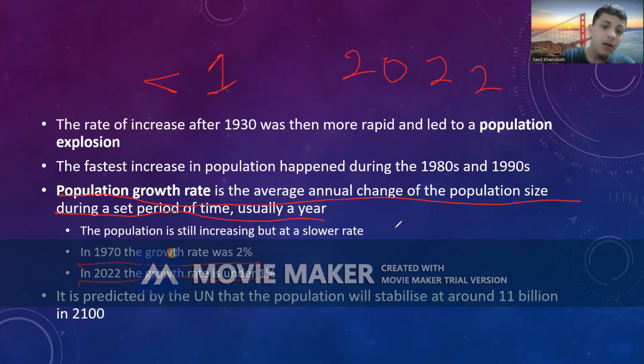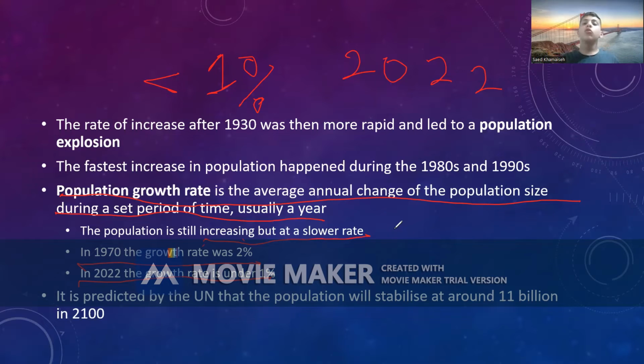Then the third one: population is still increasing, but at a slower rate. Here, as you see, in 1970 it was 2%. Now it is under 1, so it is increasing but at a slower rate.